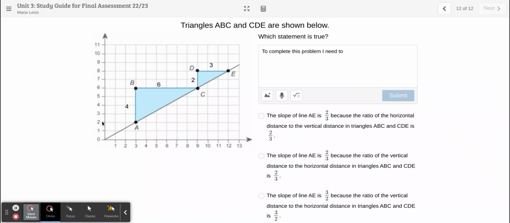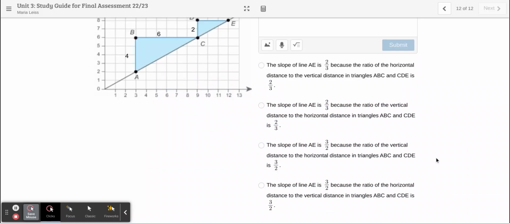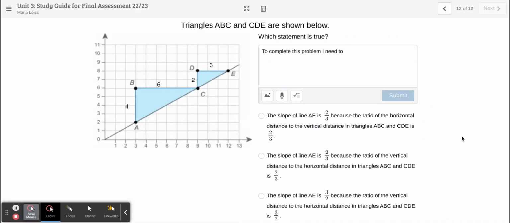And lastly, here's what you need to know. This has a lot of words. What you gotta remember: vertical means up and down. That's our rise. Horizontal means left and right.